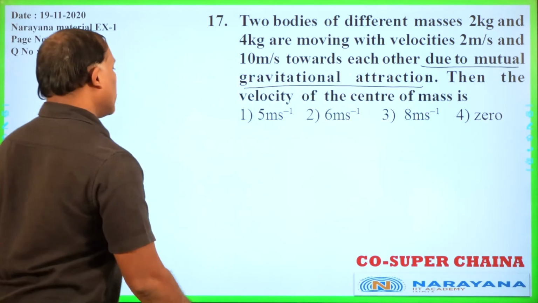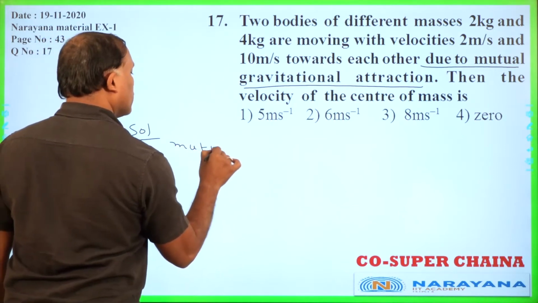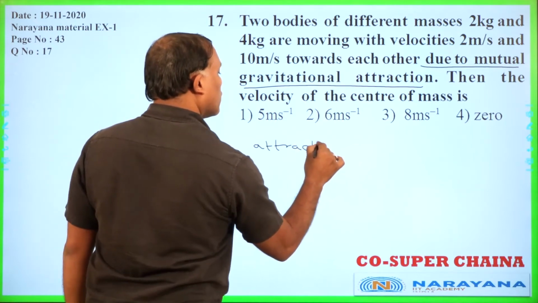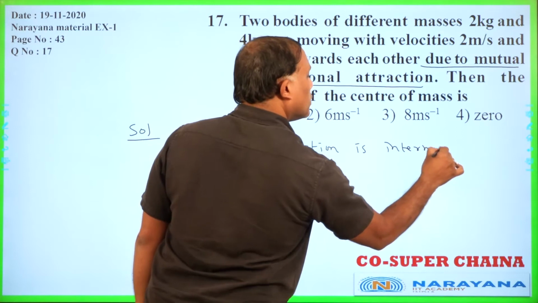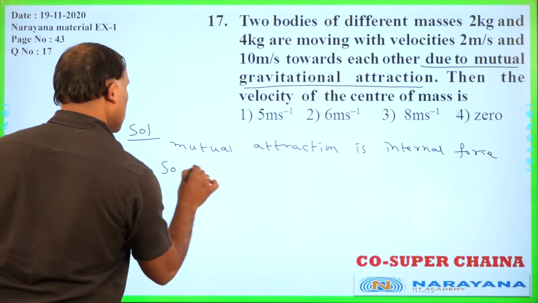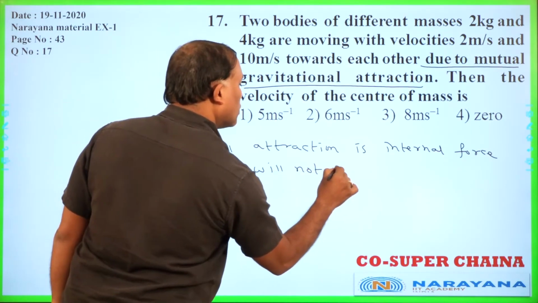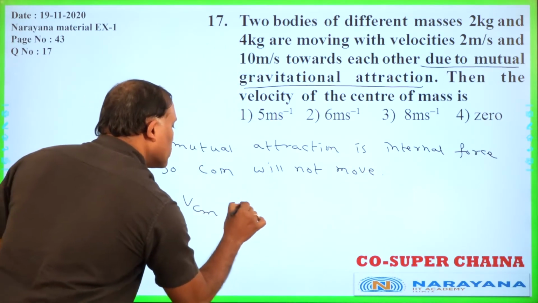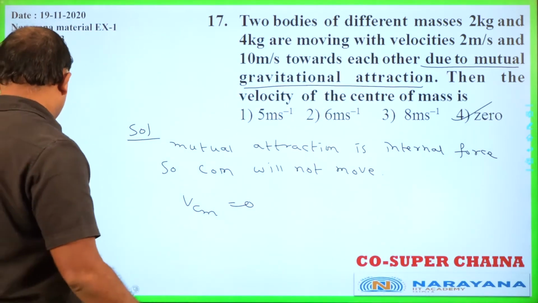Mutual attraction is an internal force, so the center of mass will not move. So, the velocity of center of mass is equal to 0. So, that is about that one.